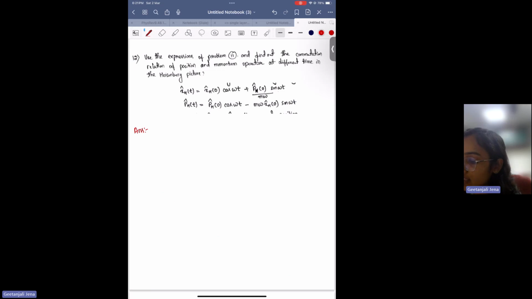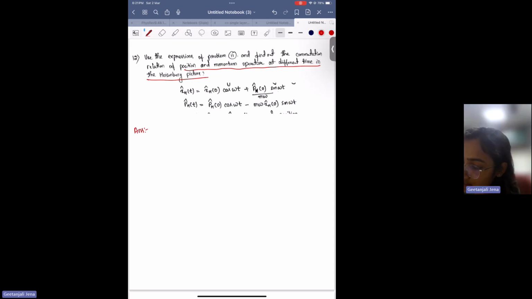Let's see what is given to us. It is asking, use the expression of problem 11 and find out the commutation relation of position and momentum operator at different times in the Heisenberg picture. So instead of the same time, it is now asking about the commutation relation at different times T1 and T2.